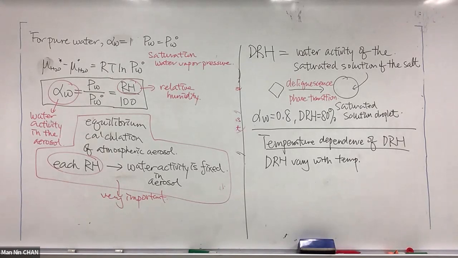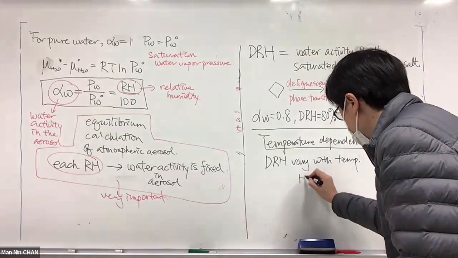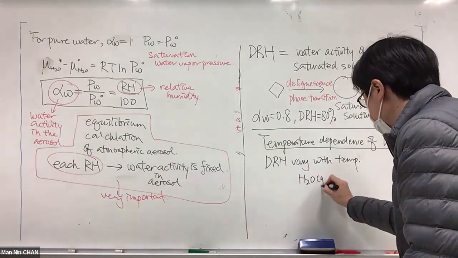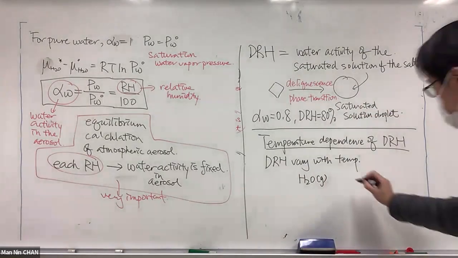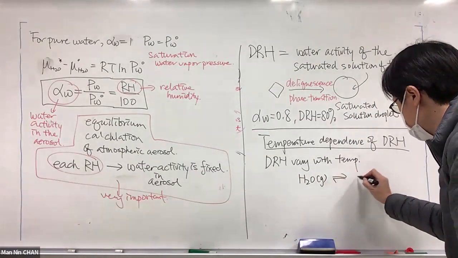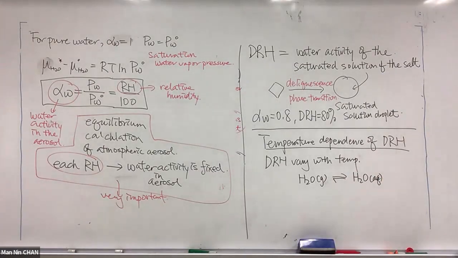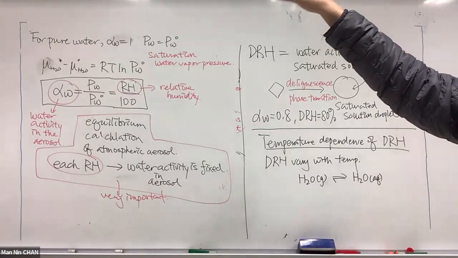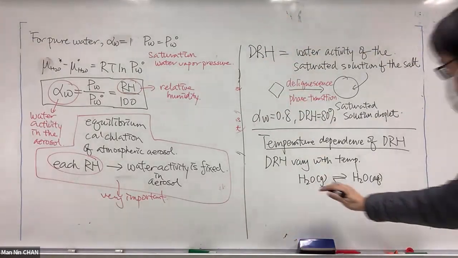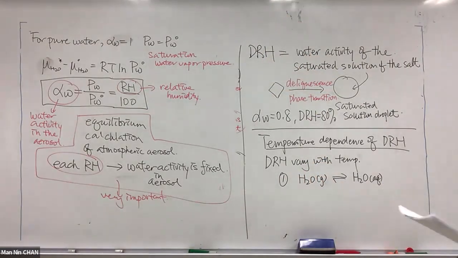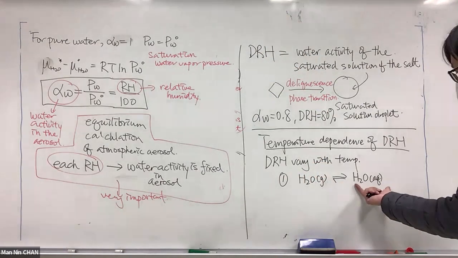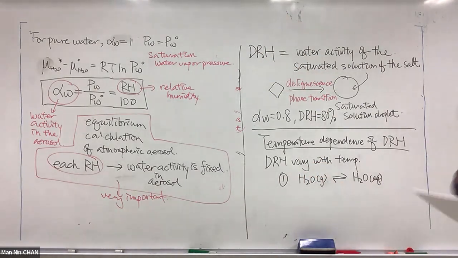Okay, so we're going to look at this process here. If you look at this deliquescence process, we can think about two processes. One is, first you will have some water vapor from the gas phase, and then you dissolve into the aerosol. So this is the first process: water is transported from the gas phase to your aerosol phase. And then the second step is, now you have some water in your aerosol phase, so it will dissolve your salt.